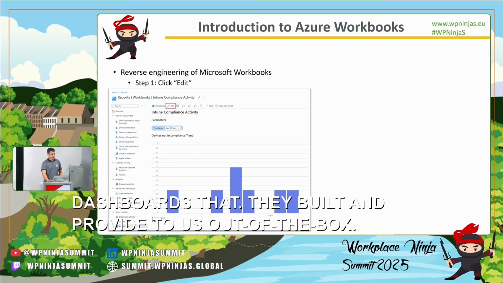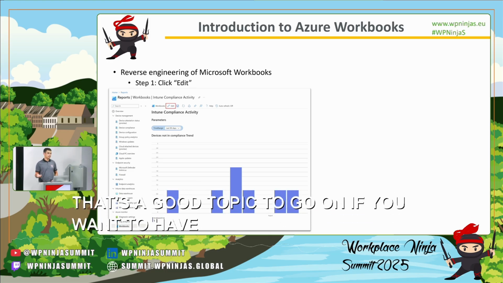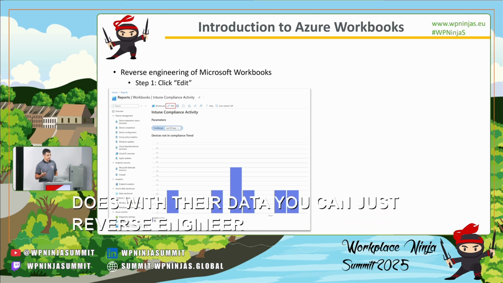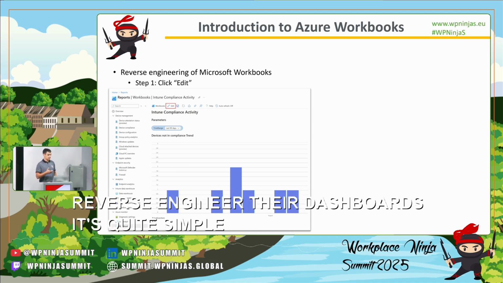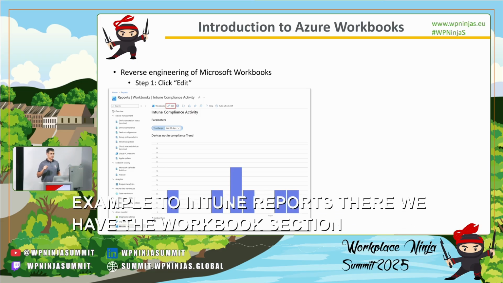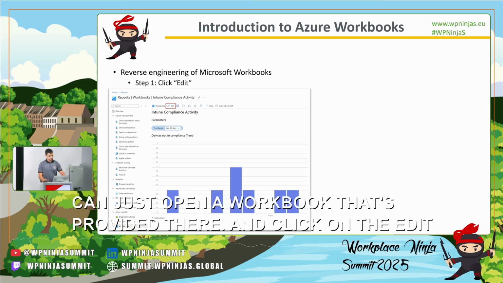That's a good topic to go on. If you want to have a look at what Microsoft does with their data, you can just reverse engineer their dashboards. It's quite simple. If you go, for example, to Intune reports, there we have the workbook section, and you can just open a workbook that's provided there and click on the edit button on the top.